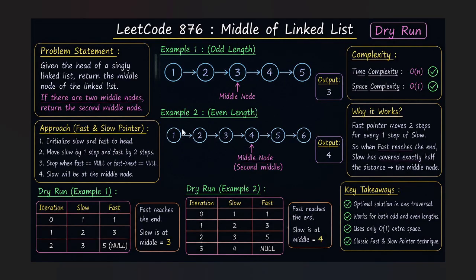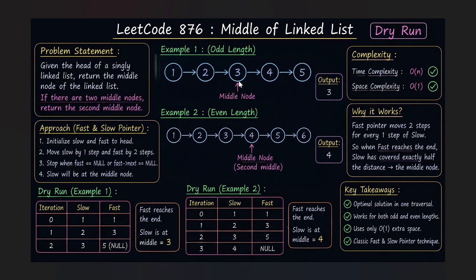Here you can see the dry run. In the first iteration, slow points to 1 and fast also points to 1. In the second iteration slow will point to 2 because we are moving by 1, and fast will point to 3.